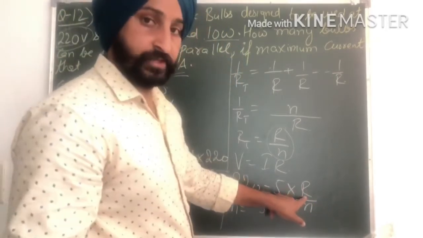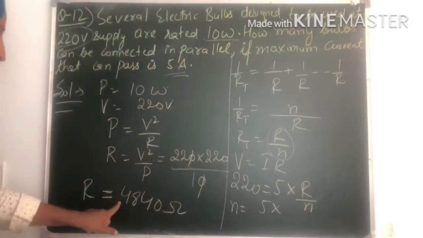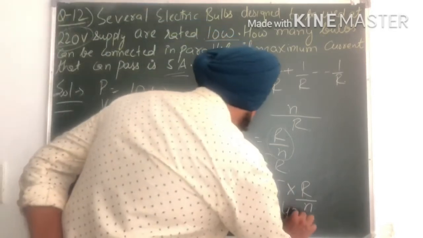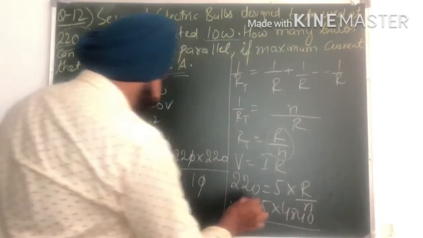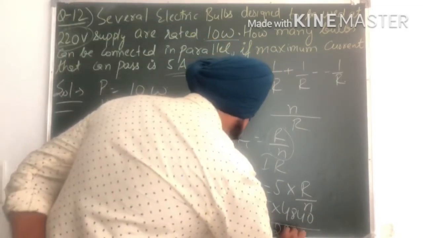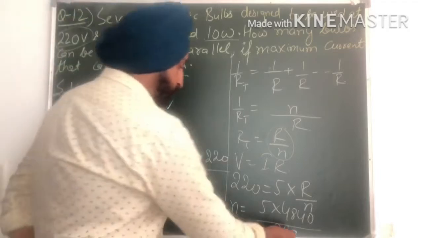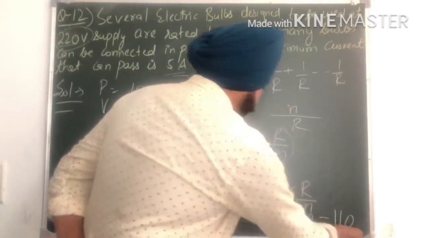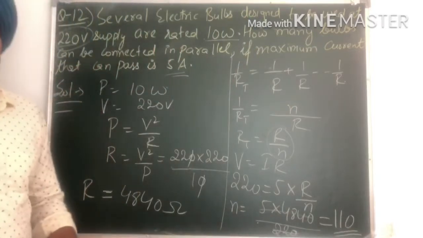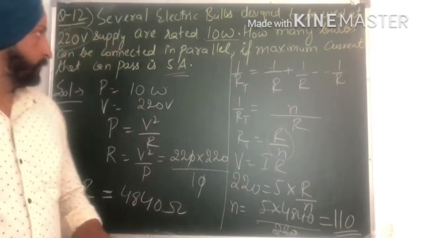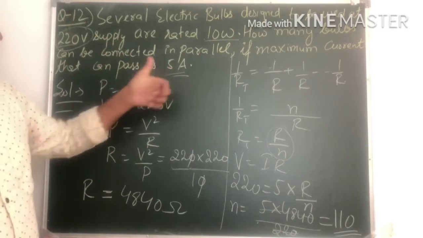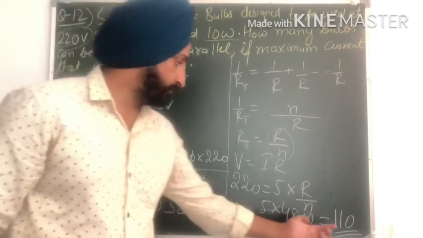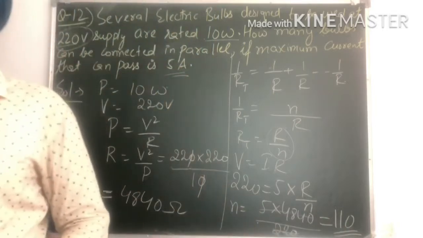R is the resistance of each bulb, which we have already calculated as 4840. Putting this in over 220 and solving, you will get 110. That means you have to connect 110 bulbs in parallel to pass the current of 5 ampere at a 220 volt line. So this is our answer, 110 bulbs.